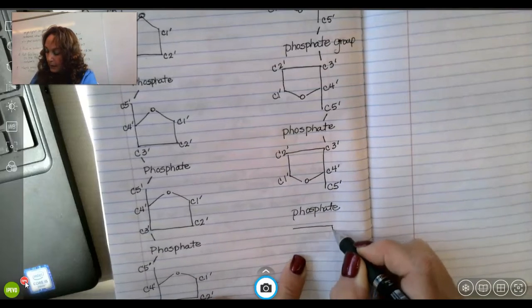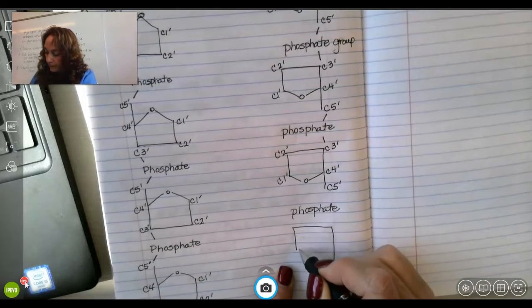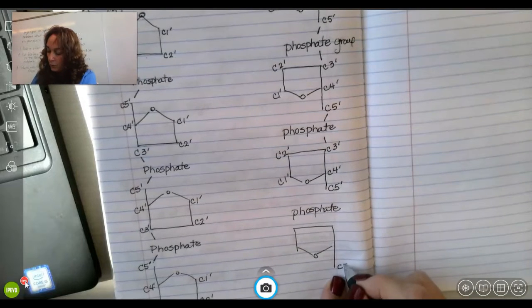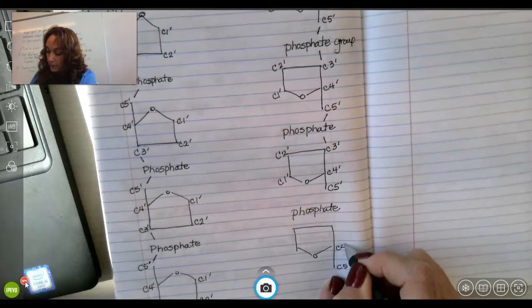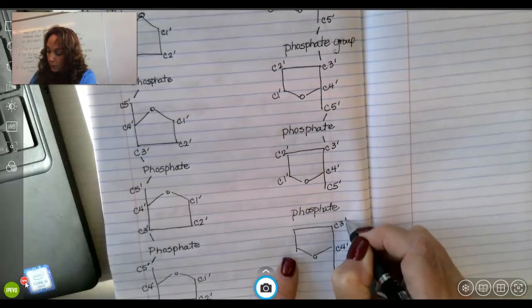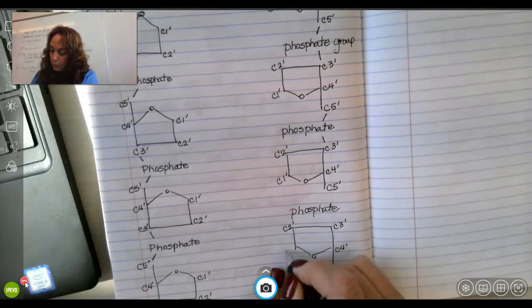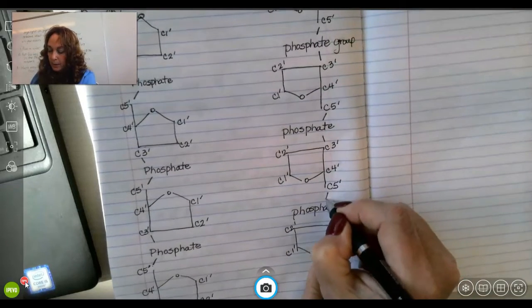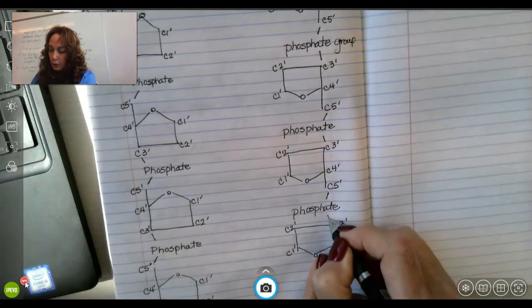So that looks like that. And so 5', 4, 3, 2, 1. And again, I'm going to put the covalent bond, 5' end of one sugar.